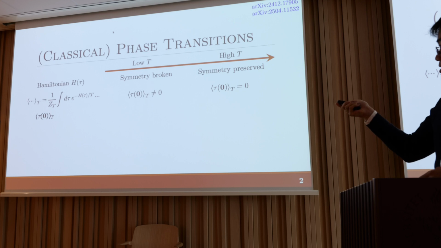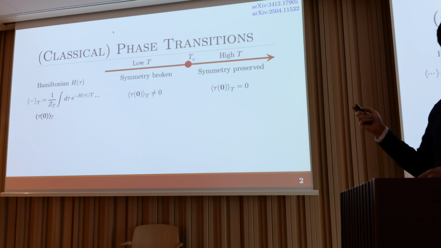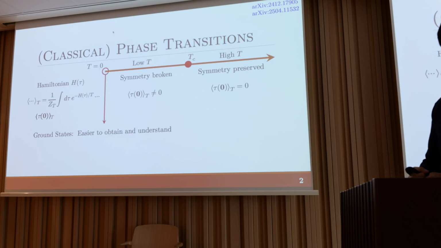And then, of course, there's this critical transition temperature separating the two phases. Okay, so far, so good. Now, of course, in general, it's very hard to understand a statistical mechanics model at finite temperatures. So what people usually do is to first look at the ground states.